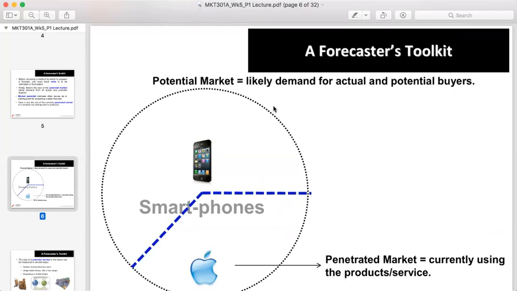If you have the total population, like in Australia, for instance, 24 million people, we discount those who may not buy the product, the smartphone category, for instance. That means we discount babies and toddlers who will not buy a mobile phone, and we get this total potential market, or market potential.